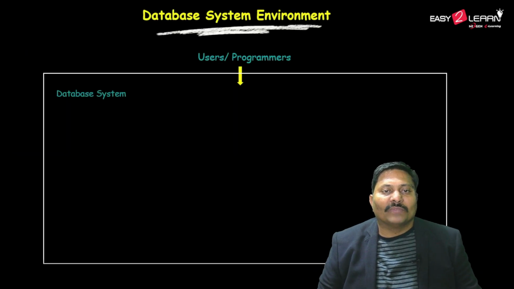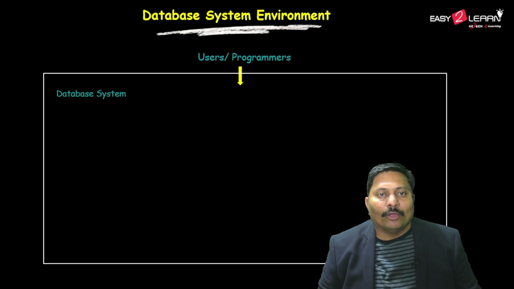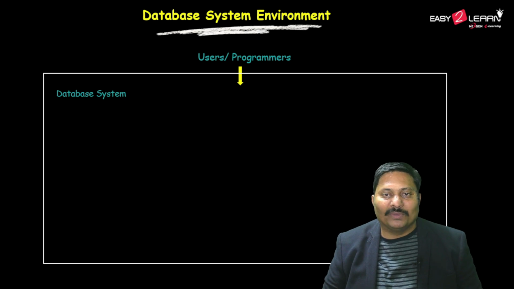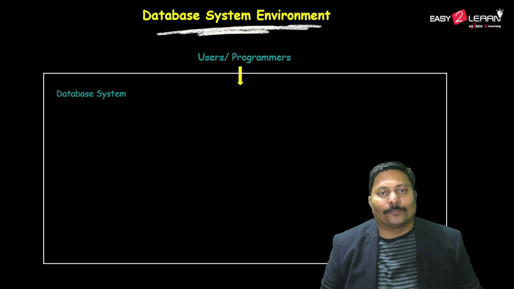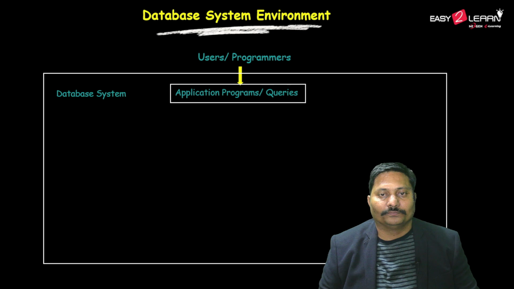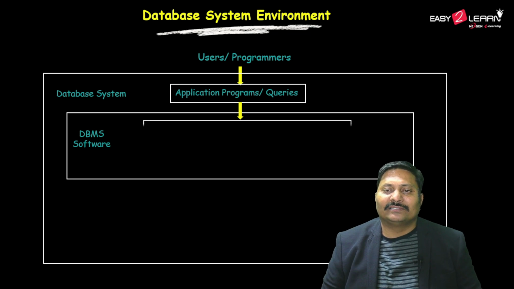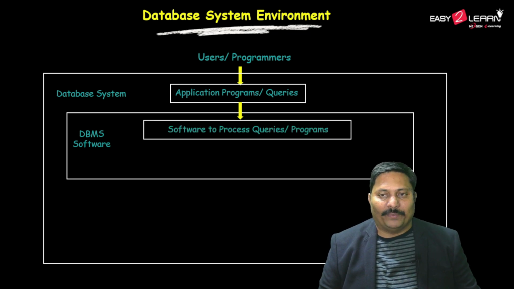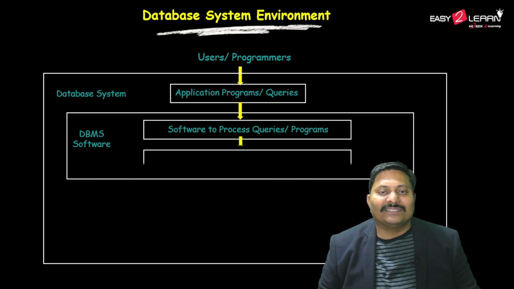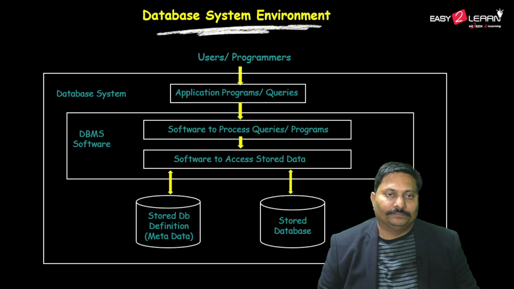Next, we look into an illustration of a database system environment. Here we have the users or the programmers who write queries or programs. And these queries or programs are processed by the database system or database software. Then, based on the processed queries, the database software accesses the stored data in the database, that is, it accesses the stored database as well as the metadata.